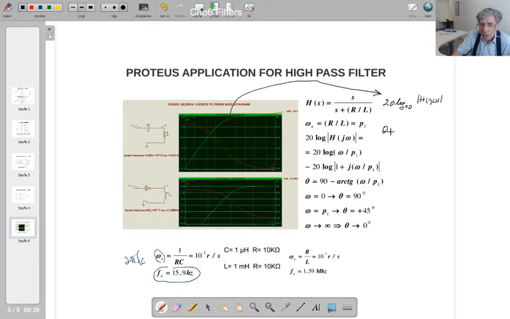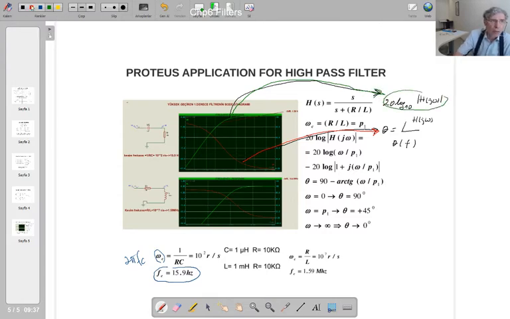Angle is theta, the angle of H(jω), a change of this with respect to frequency. So that is the red one. I can make it red color, of course. So the red one is this one, and I make this one green as well. So that's the green one, that's the red one.